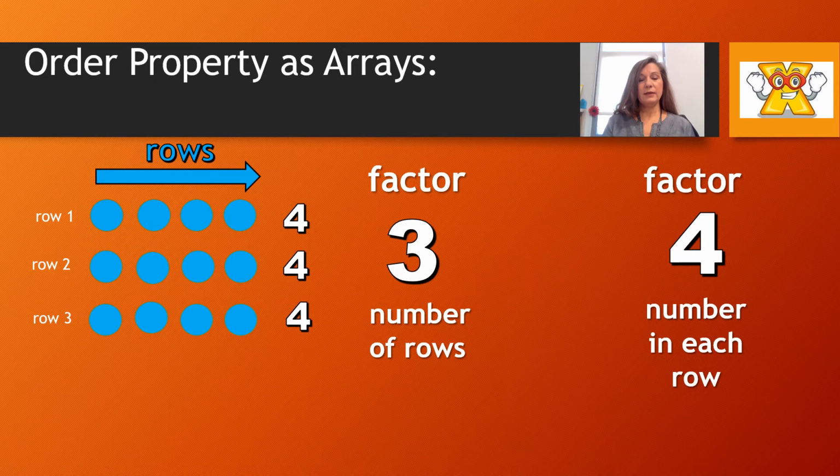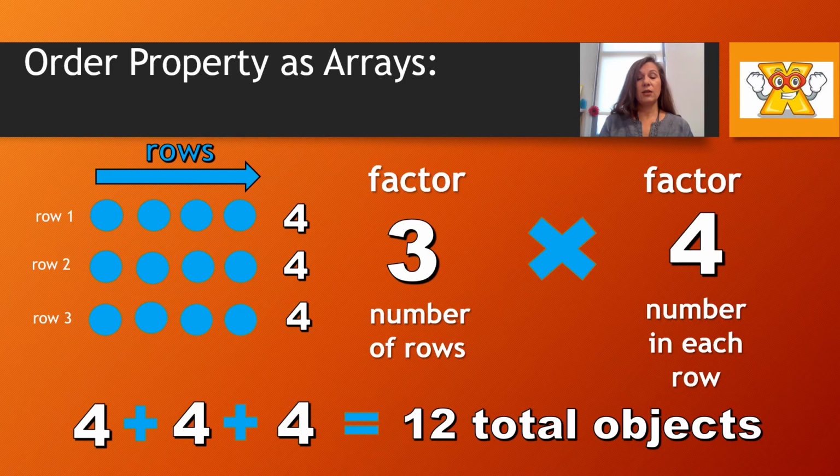But again, all I'm doing is turning that array from here onto its side. But again, remember that it does change the addition sentence, but it does not change the product of what we are going to get. So we have 4 plus 4, which is 8, and 4 more, which would be 12.